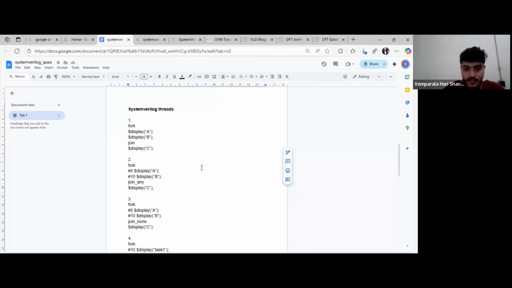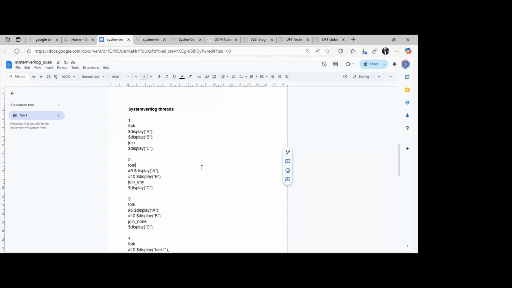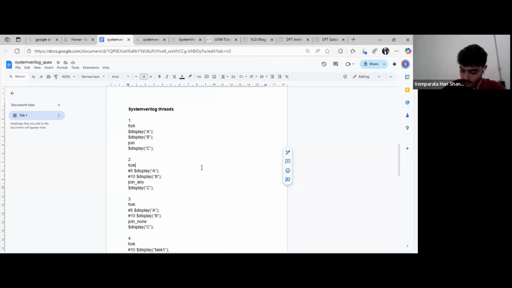The fork join any block will be active now. That is for sure. At 5 units A will be displayed and at 10 units B will be displayed.